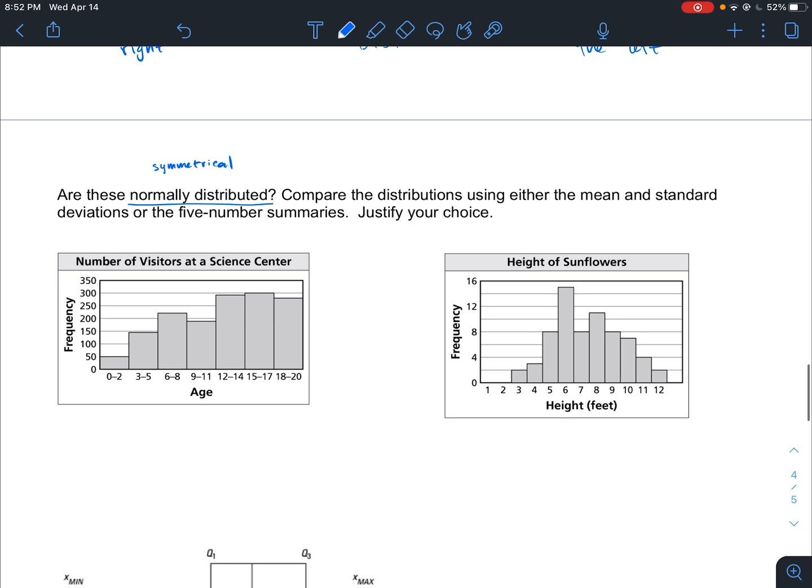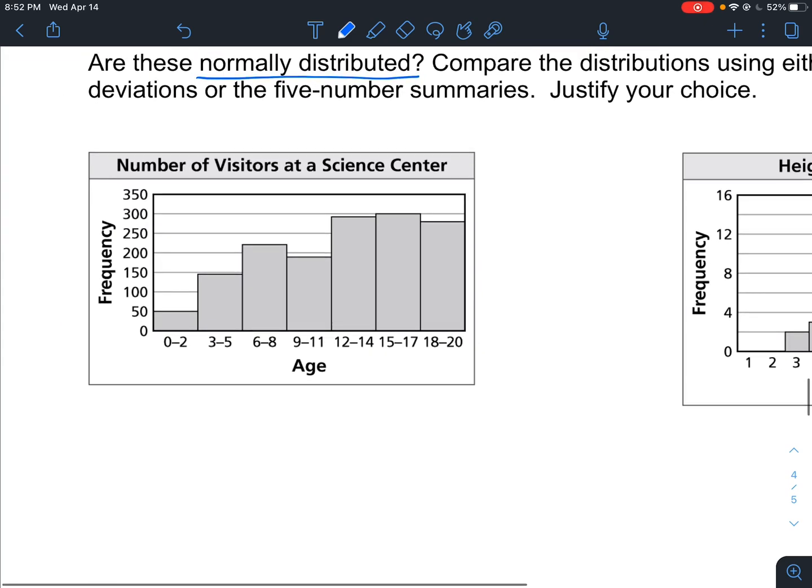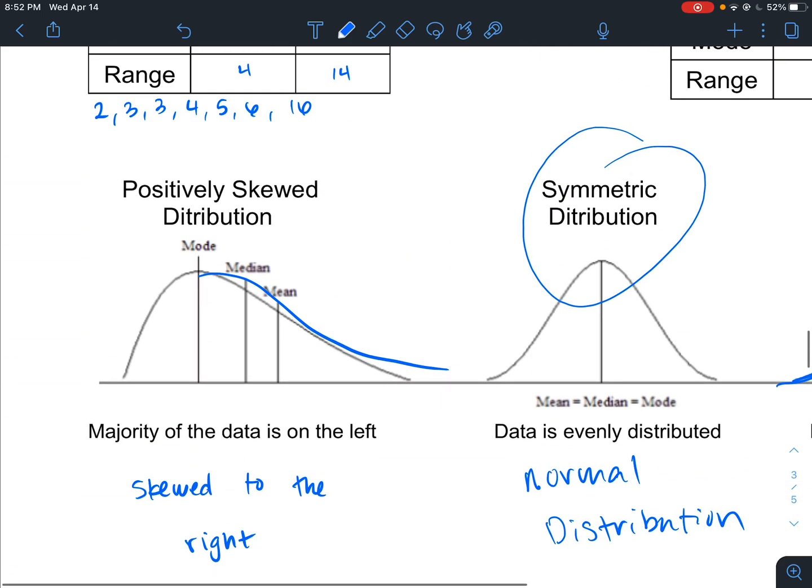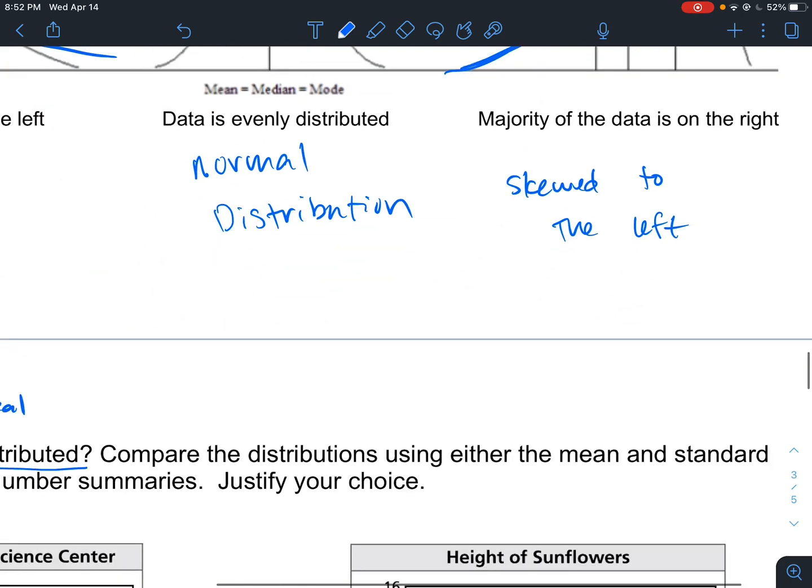Compare the distributions using either mean and standard deviations or 5-number summaries. Okay, so looking at the data presented here, I'm noticing my bulk of the data is on this side right here, meaning I get a lot of data up here, but you can see that I go off like that. So again, if we look up here, my tail is veering off to the left.